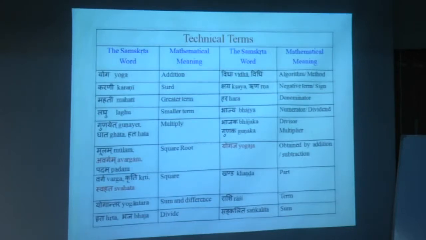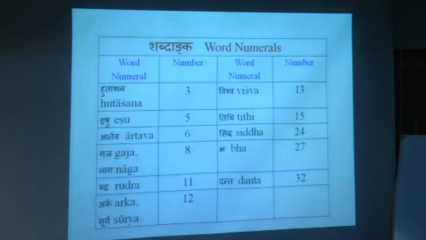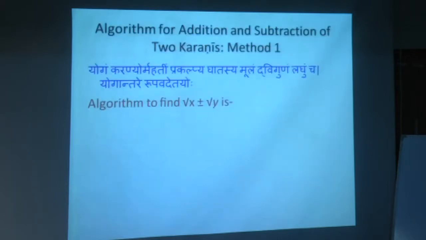Some technical terms are used, out of which avargam for square root, swahata for varga, and yogaja, which were written in red marks, are uncommon words used otherwise. Then word numerals, Shabdanka as it is called, are used in these 16 verses, like Ishu for 5, Rutu or Ardava for 6, Siddha for 24, Danta for 32, etc.